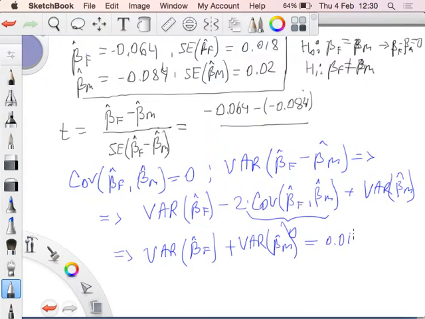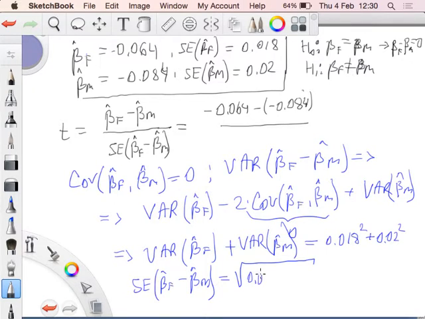So now if you take the square root, this gives us this thing. That's what we needed, and we have it now.